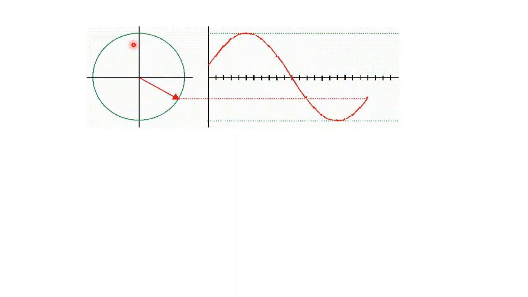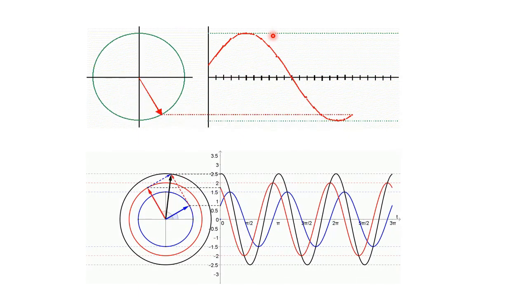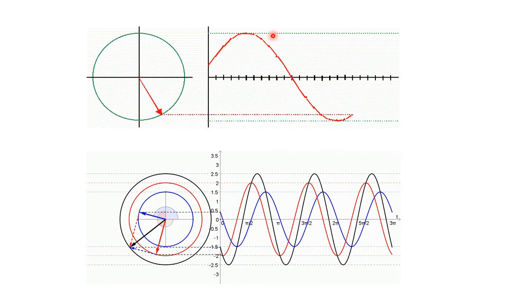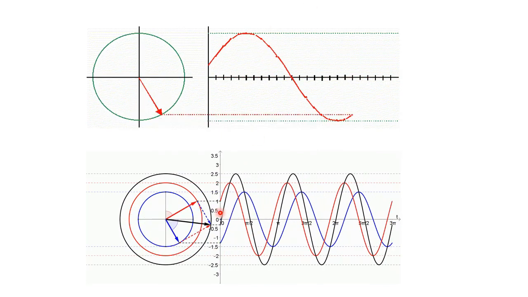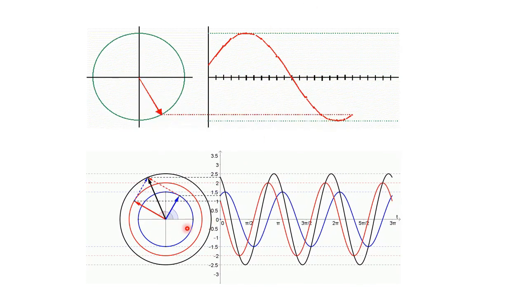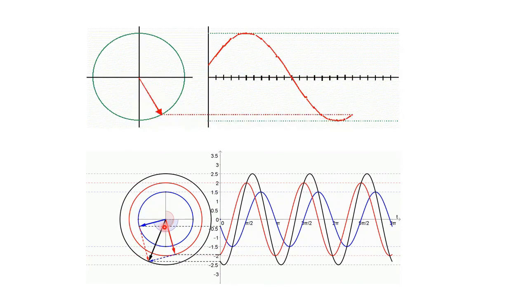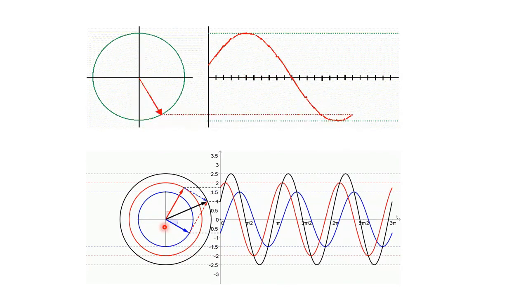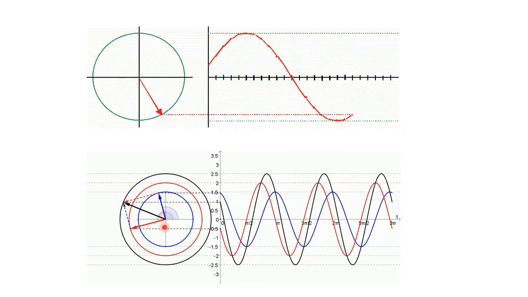For that omega t, it creates a sinusoidal wave like this, between these two amplitudes. Likewise, here there are three different waveforms drawn with three different amplitudes. This is how we draw a sinusoidal waveform using a different angular frequency.